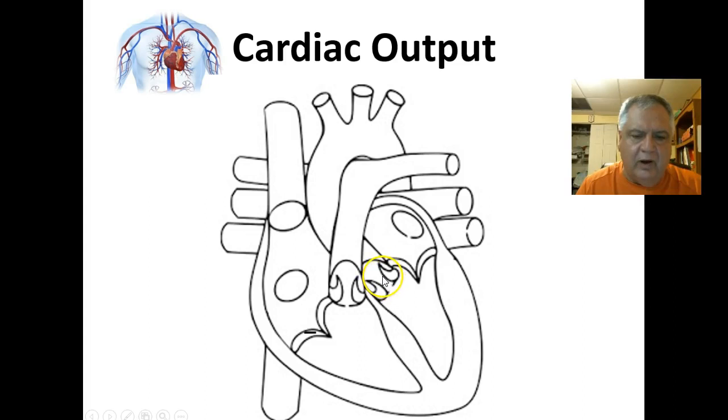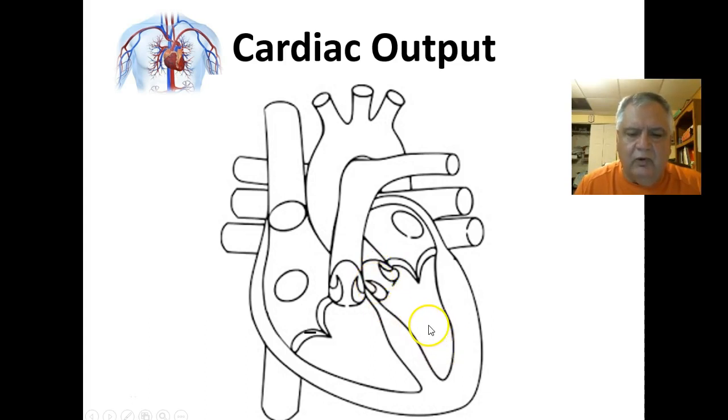Once the force is higher than that, the blood will eject into the aorta. Now, let's say a person has high blood pressure, and as a result, their pressure here over the valve is 90 instead of 80. Okay? So you now have to overcome 90 millimeters of mercury to open up this valve.